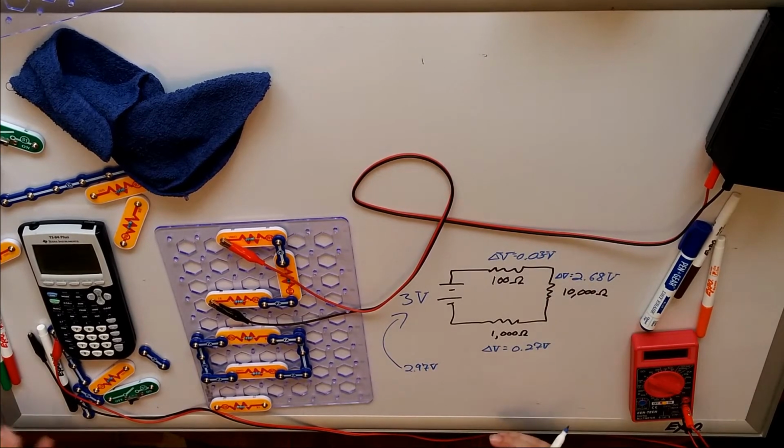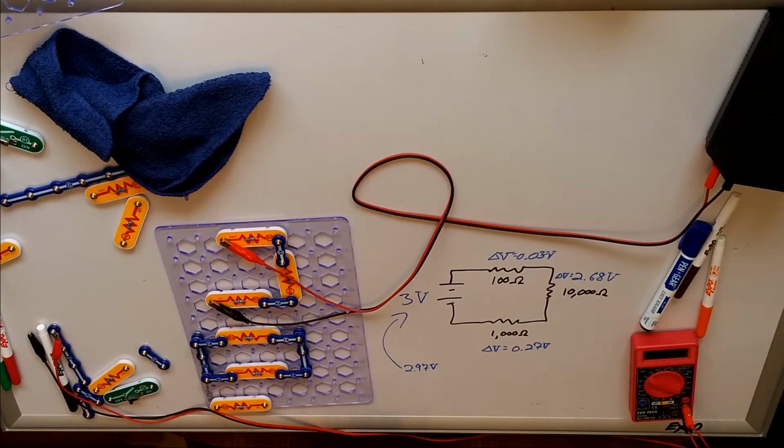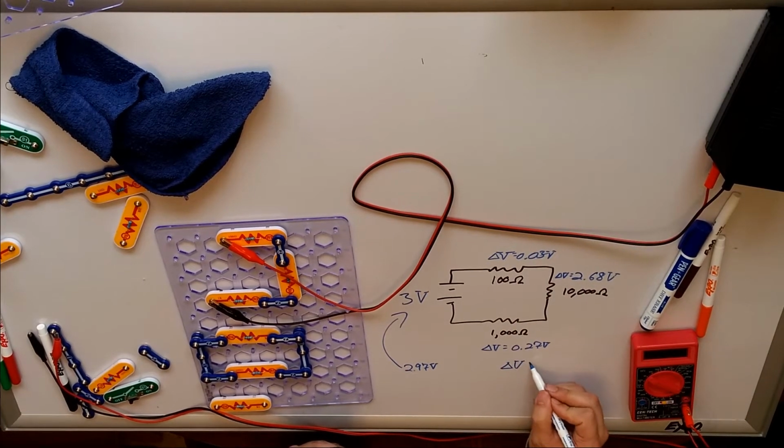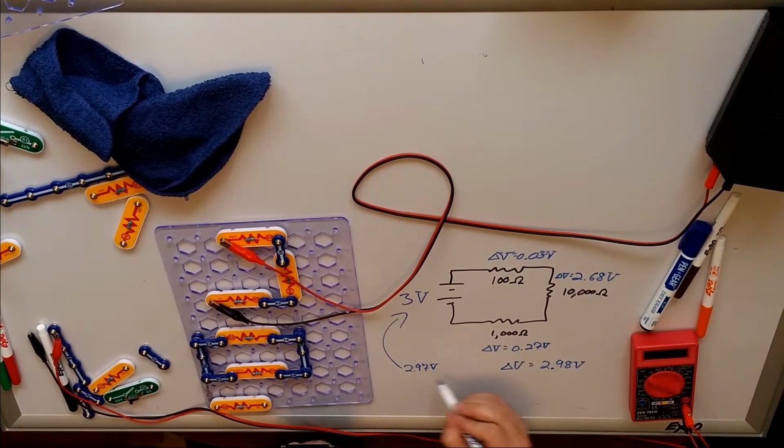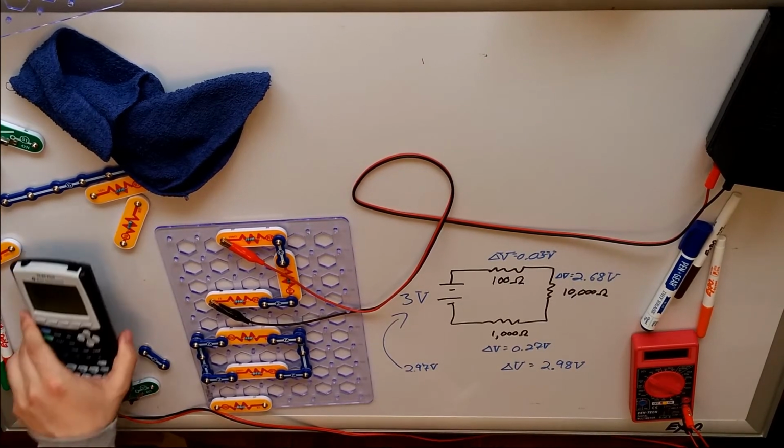Let's see, if I take 0.03, I apologize, plus 2.68 plus 0.27, and I add those together, I find that the total across each of the resistors, if I add them all together, comes up to about 2.98 volts, which we saw that our supply was kind of bouncing back and forth between 2.97 and 2.98.